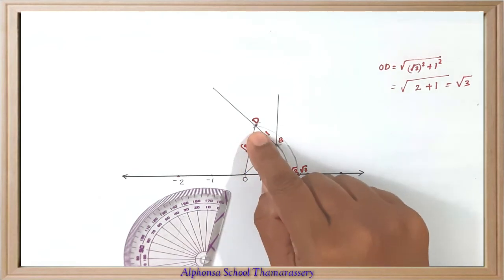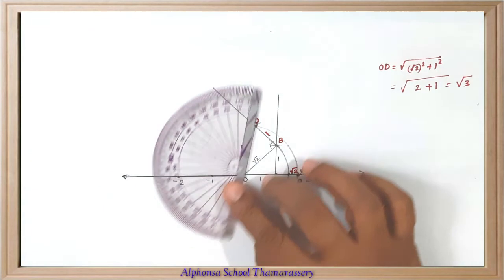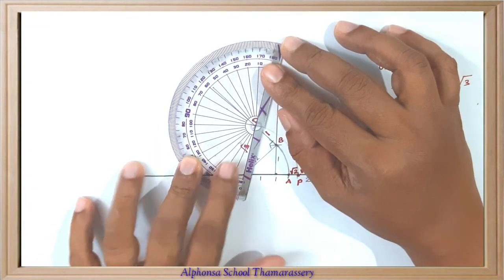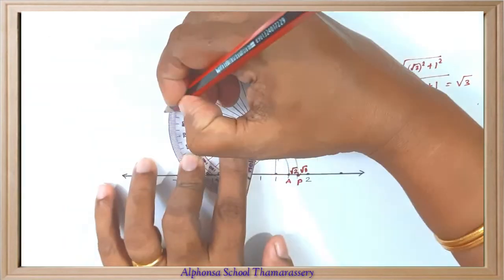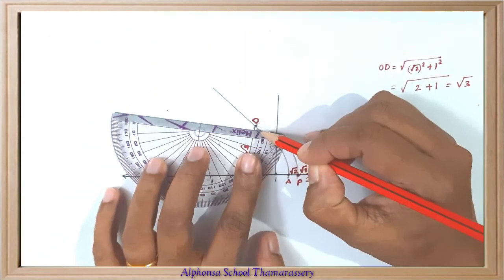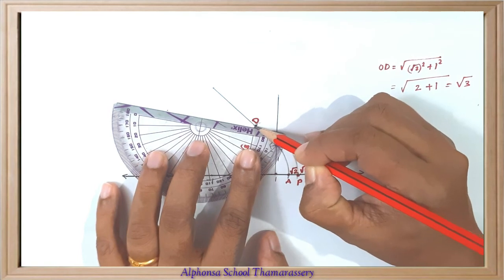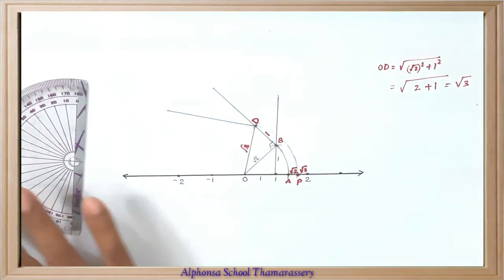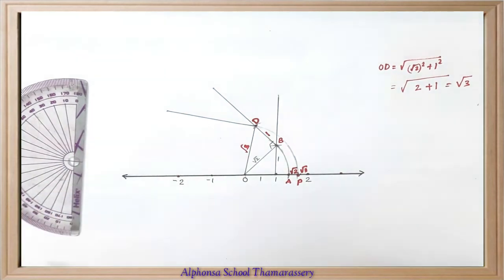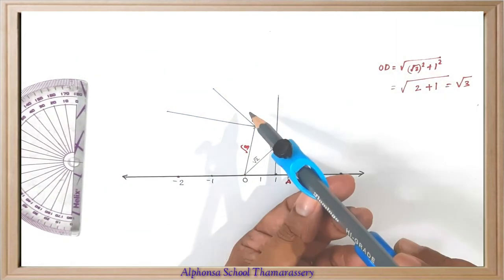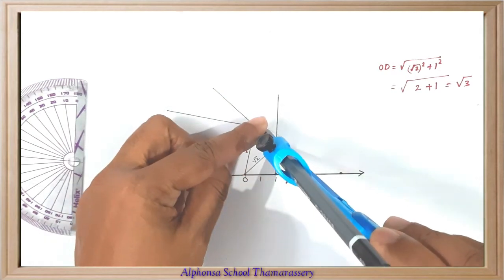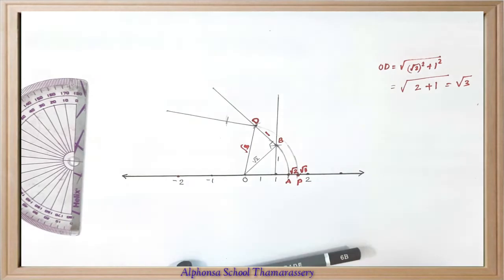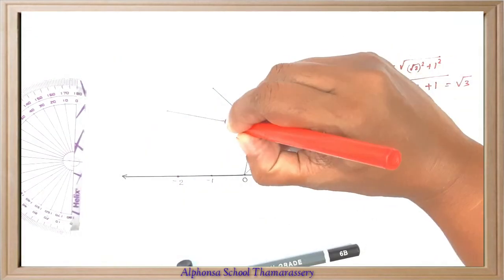Draw a perpendicular line on this OD. Take your protractor, mark a 90-degree angle. Draw a perpendicular line and again continue the process. Mark 1 unit on this. Mark that point as E.